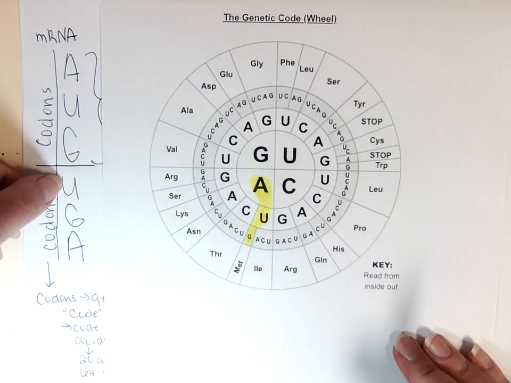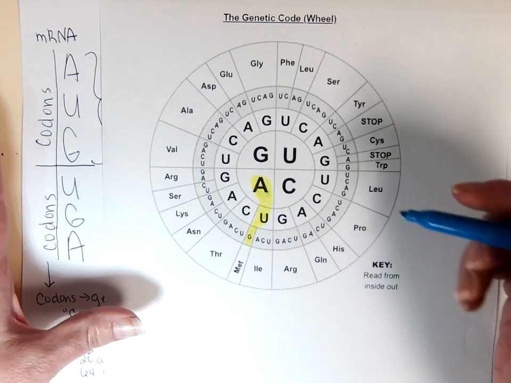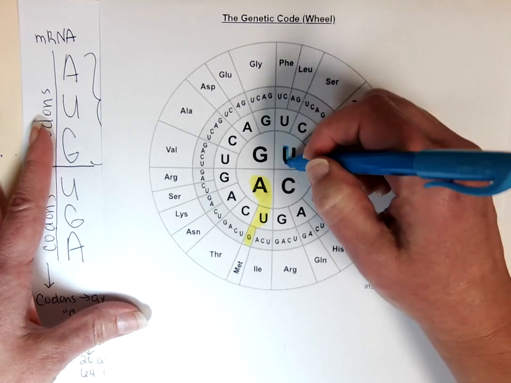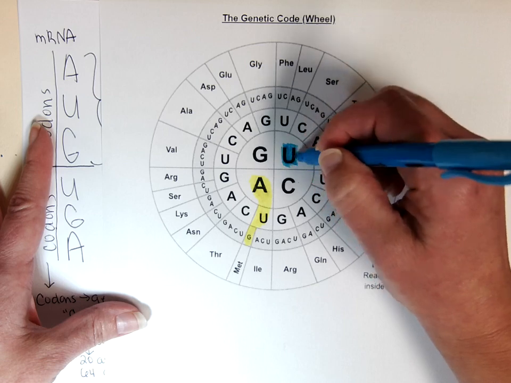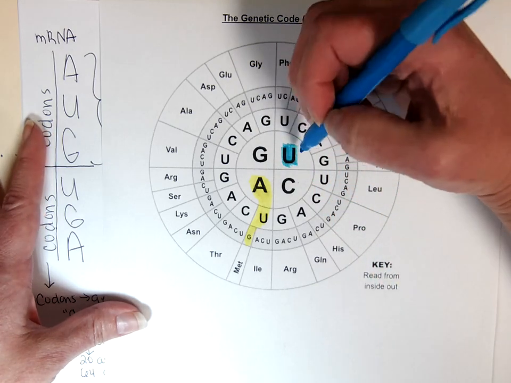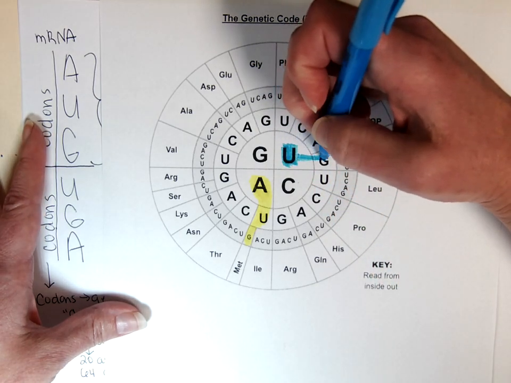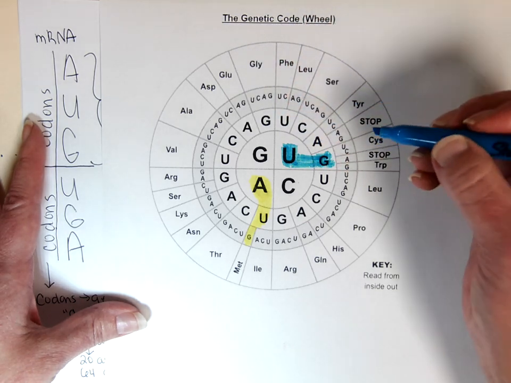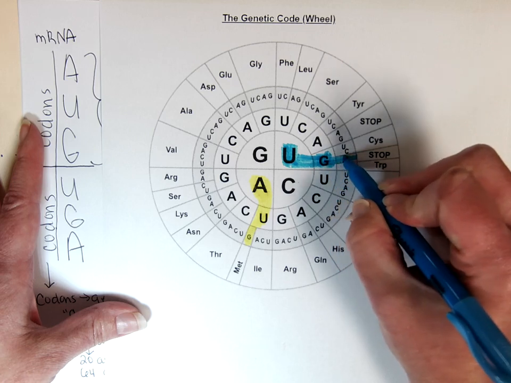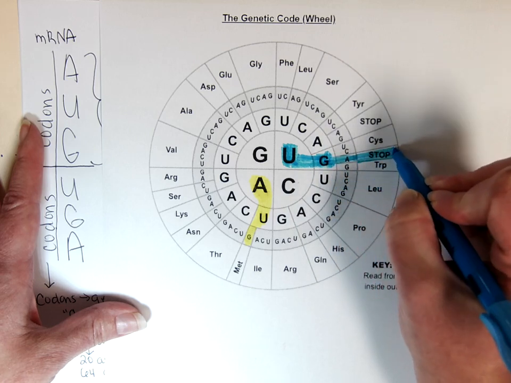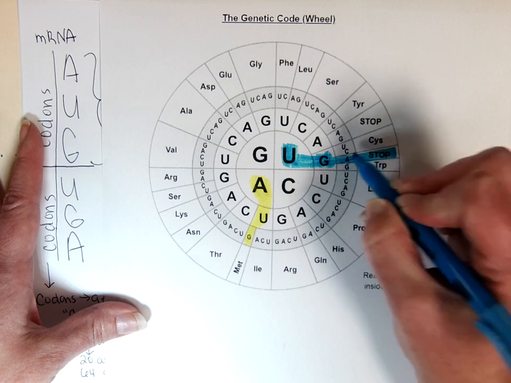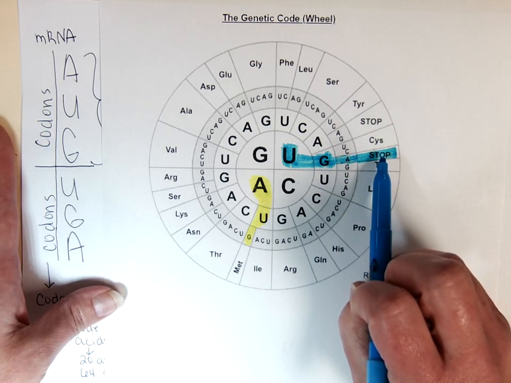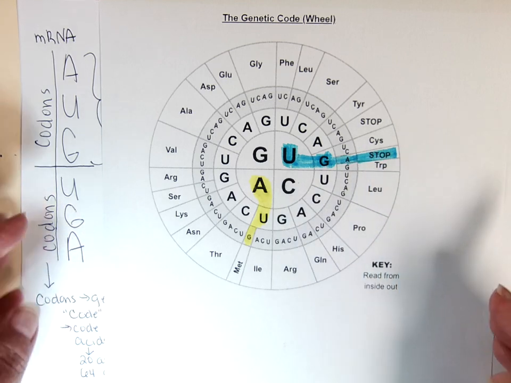So there's my first, second, and third base: U, G, and then A. And this is known as the stop codon. So this is like the period at the end of a sentence.